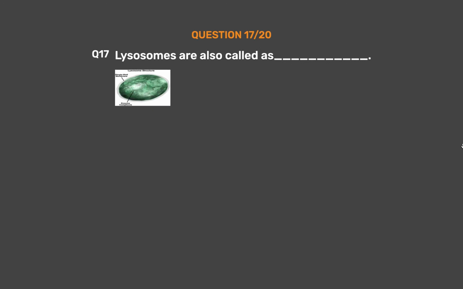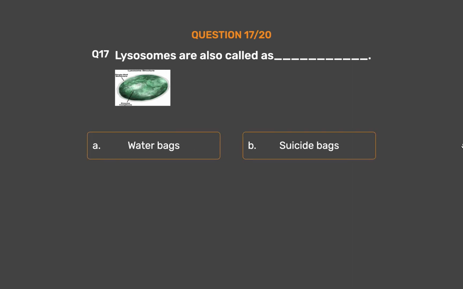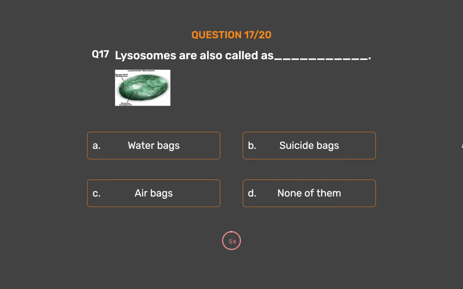Question number 17. Lysosomes are also called as ____. Option A, water bags. Option B, suicide bags. Option C, air bags. Option D, none of them. The correct answer is option B, suicide bags.